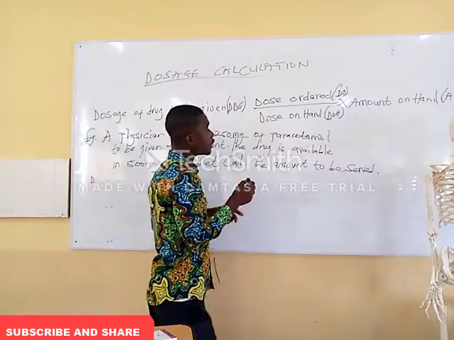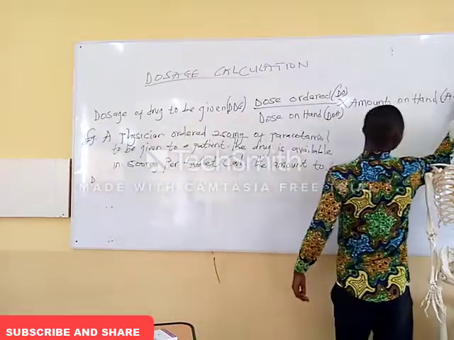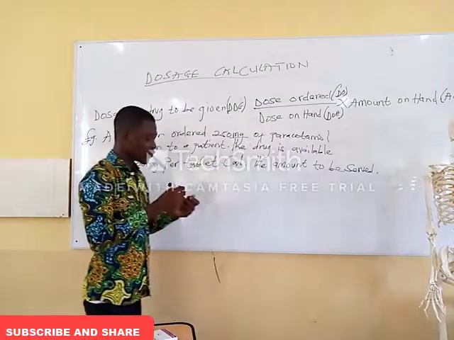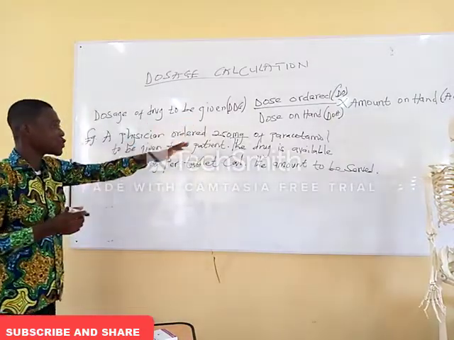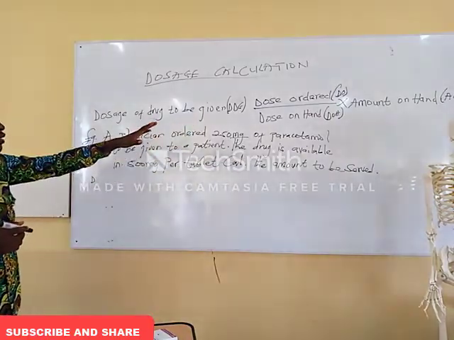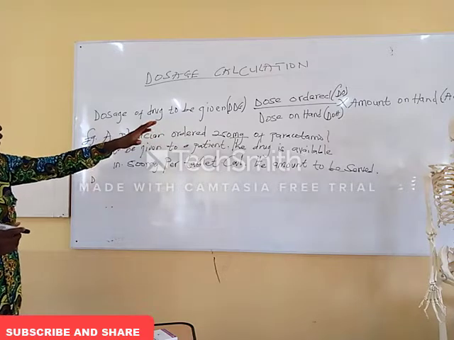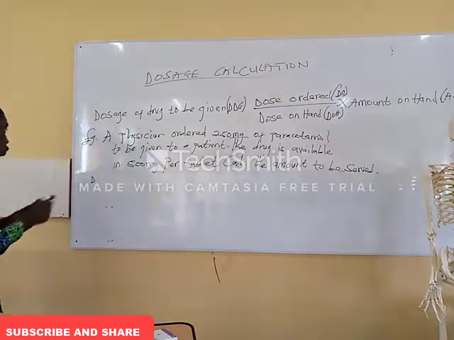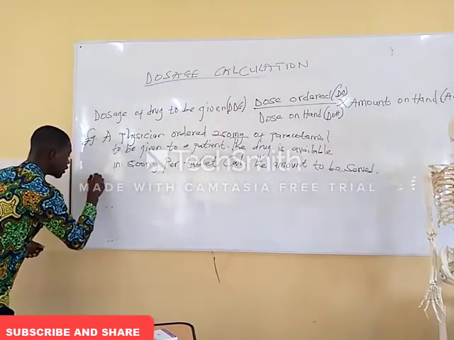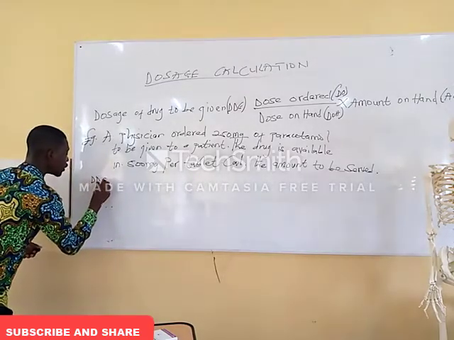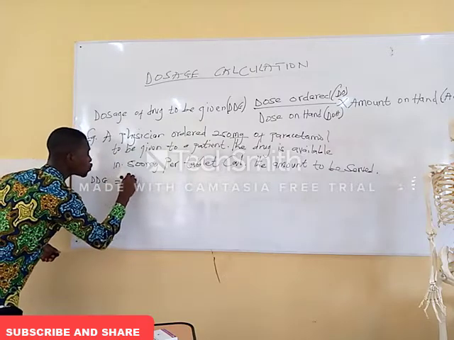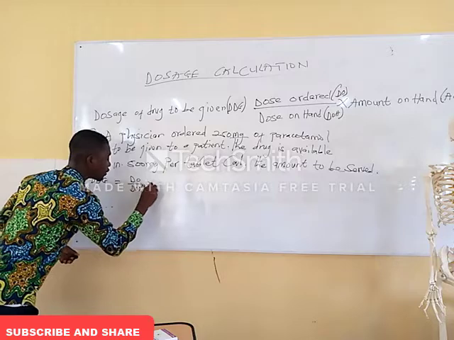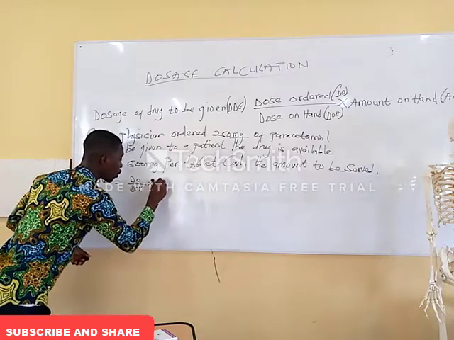So if you see these short words, don't be confused. DO is dose ordered, DOH is dose on hand, amount on hand is AOH. So DDG, dose to be given, is equal to dose ordered over dose on hand times amount on hand.